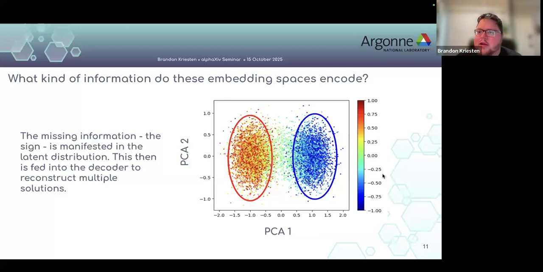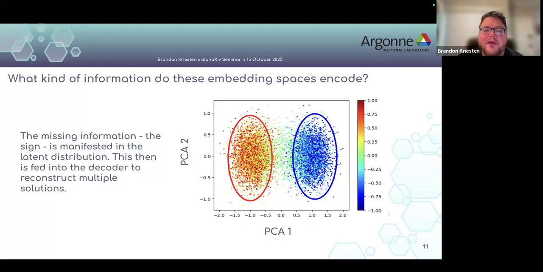And we can then look at this missing information and reconstruct and interpret it and try to say, okay, what was abstracted away? The missing information in this case, y equals x squared, is the sign. And this is manifested in this latent distribution. You can see that if I do a principal component analysis on the latent distribution, I now have clusters centered at +1 and -1.